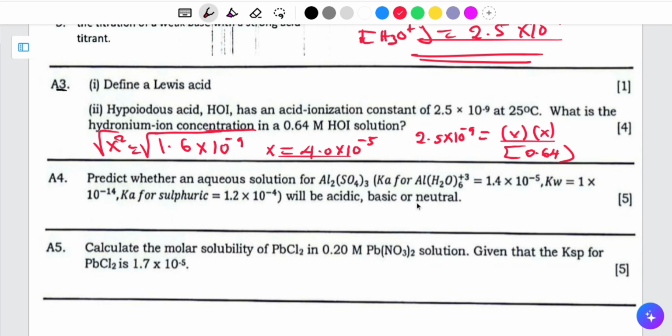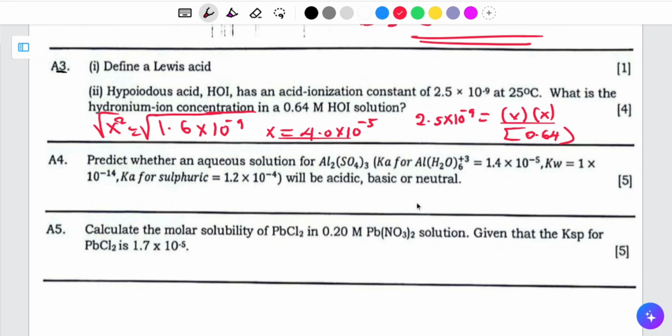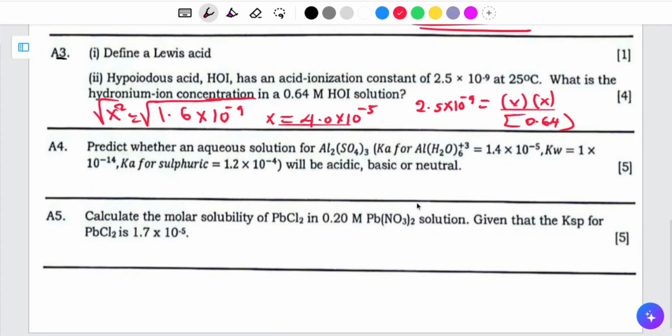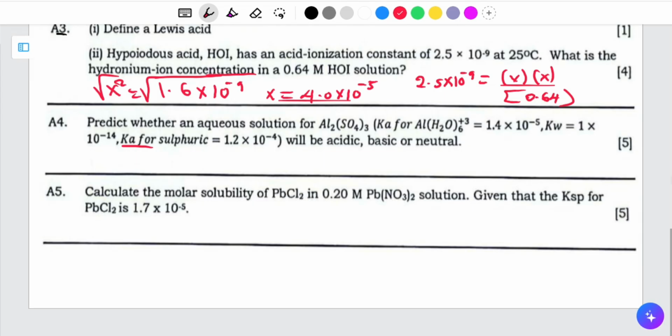So what are we supposed to do here? So here we need to find Kw and then compare with Kb. So we have been given Kw, let me say we need to find Kb, then we compare it with Ka.